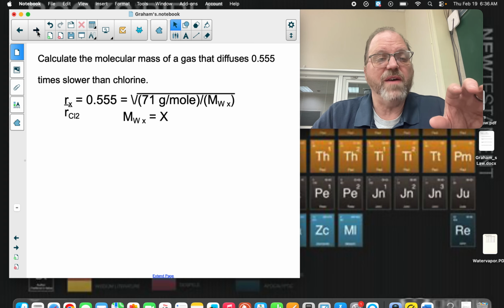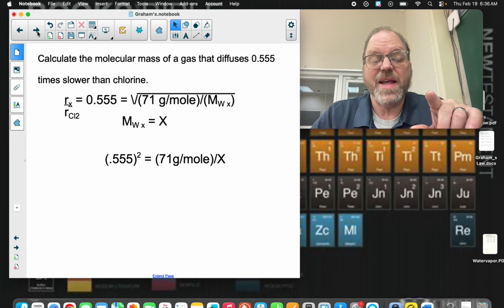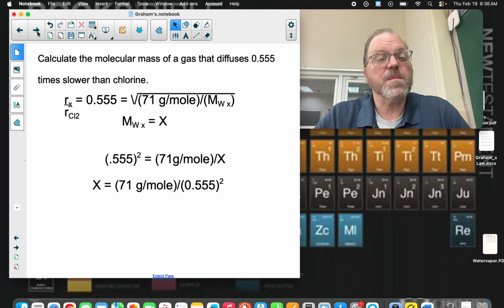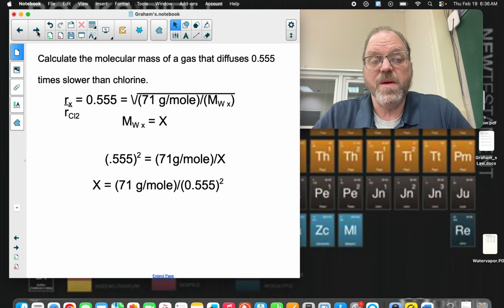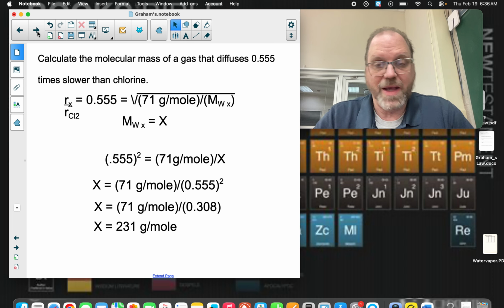Now, this value here is just that. Solving for it, we're going to square both sides. When we do that, we're going to swap partners. So we're going to get 71 grams per mole divided by 0.555 squared. 0.555 squared is 0.308. With 3 sig figs, we get an answer of 231 grams per mole. That's the molecular weight. All right, molar mass, molecular weight.